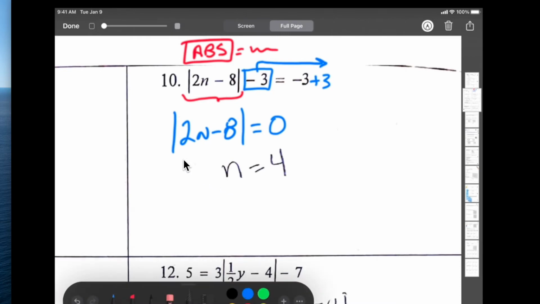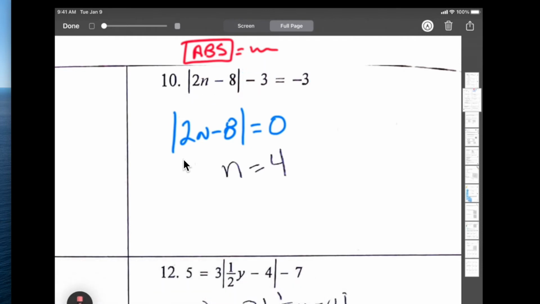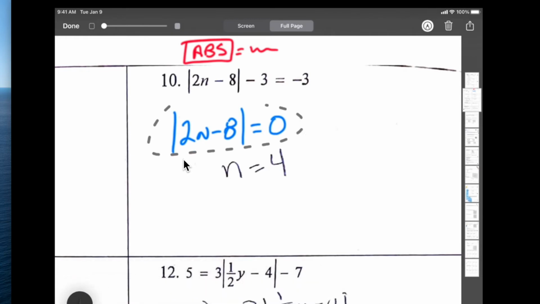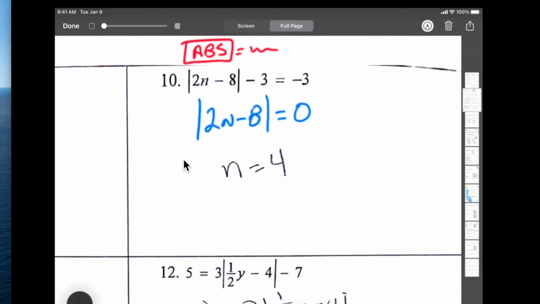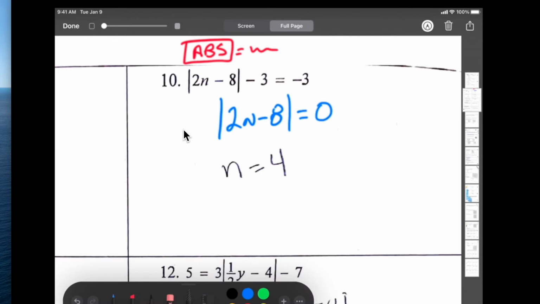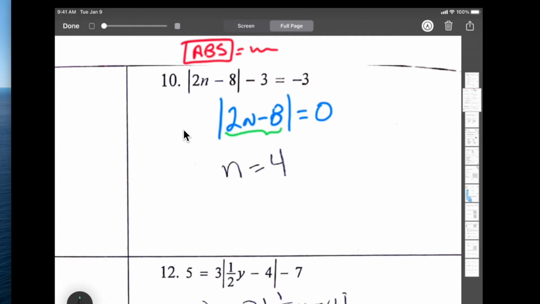All right. I mentioned that absolute values present unique challenges. And here it is. It turns out that once you get the absolute value by itself, which we've done, you set whatever's inside the stuff equal to what's over here.